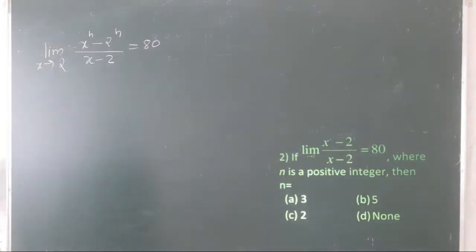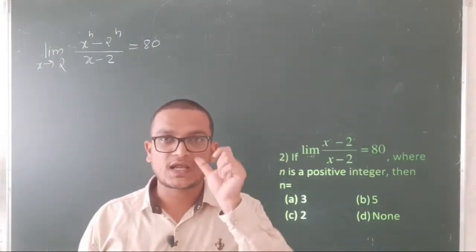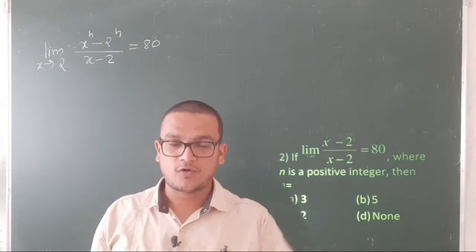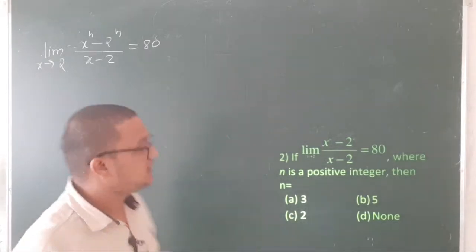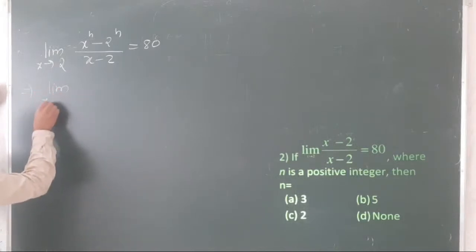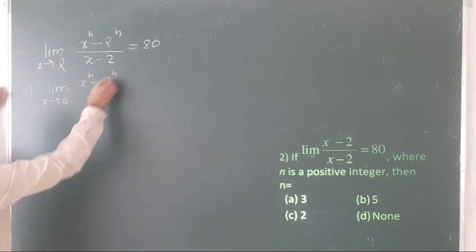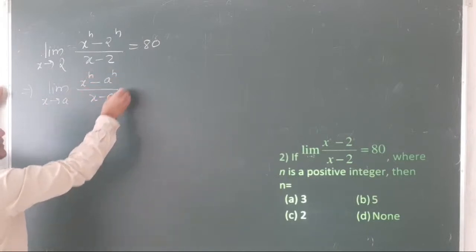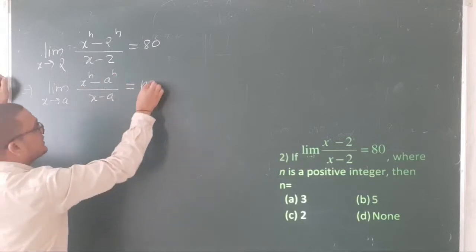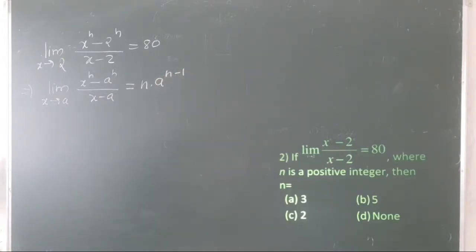Okay, so here again the function is one of the standard forms. I think I forgot to give you this in the theoretical part. If you remember, if you learned this topic in the first year, this result: limit x tends to a of x to the power n minus a to the power n, divided by x minus a, can be written as n into a to the power n minus 1.